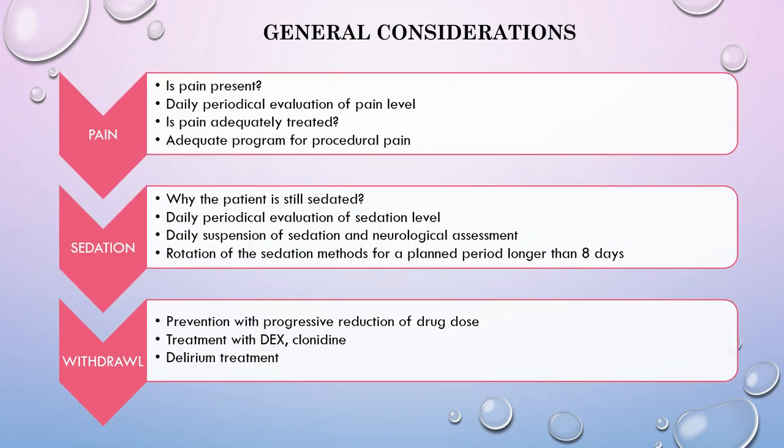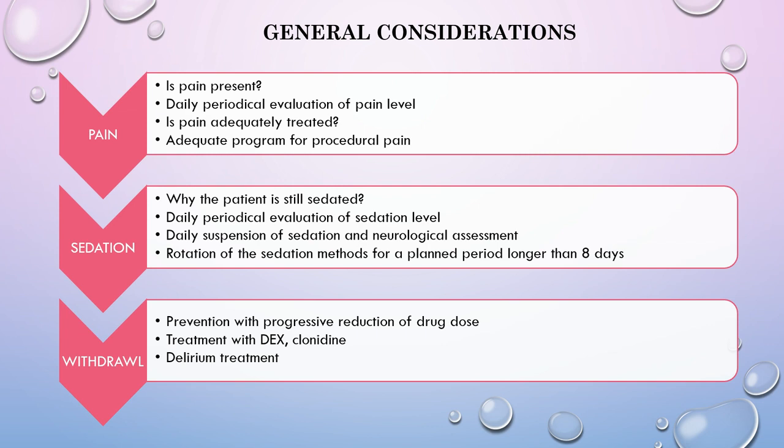So generally, and concluding, every day in the intensive care unit we are in front of a patient that needs analgo-sedation. We need to ask ourselves if the patient is feeling pain, and we need to evaluate daily at different times the pain level at rest and during the most painful procedure.